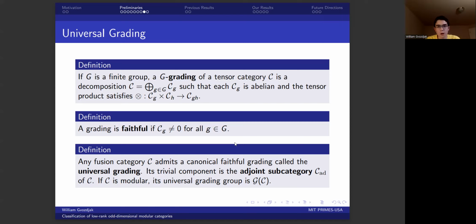It's the fusion subcategory of C that is generated by taking X tensor X dual for every object X in C. Additionally, if C is modular, then its universal grading group is the group of invertibles G of C, which is really nice because if we know the number of invertibles inside of C, this tells us a lot about the universal grading of C.